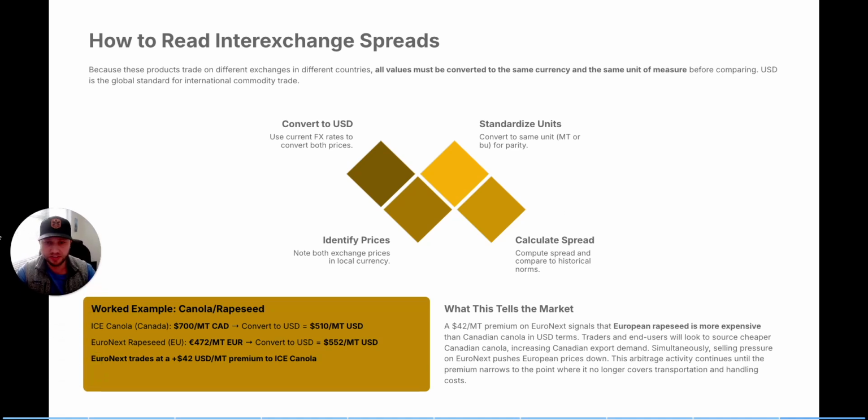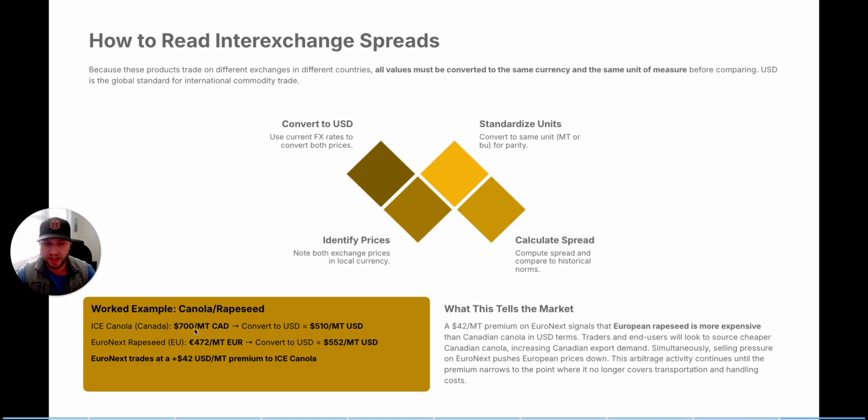So if you look down here, we've got an example on canola. You have ICE canola in Canada that's traded in Canadian dollars per metric ton. You also have Euronext rapeseed that is traded in euros per metric ton as well. So we want to look at what that spread is on these same commodities that are on different exchanges. This ICE canola is traded in North America, Euronext over in the EU.